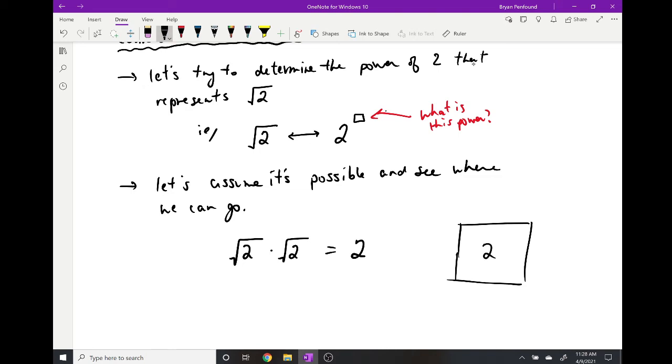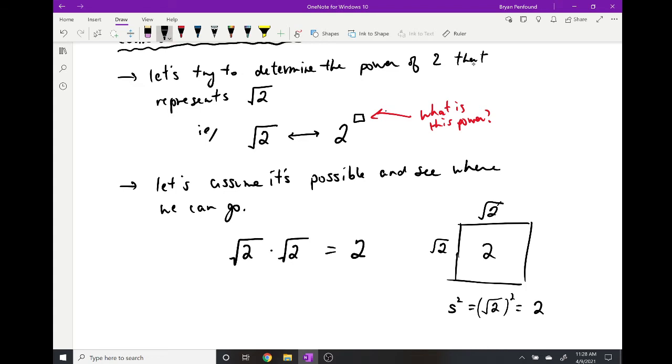They had explored this with an area problem. If we have a square with an area of 2, then the side lengths must be the square root of 2, and when I multiply these two side lengths together, I get the area of our square. So he had already done a little exploring to develop that property of square roots.